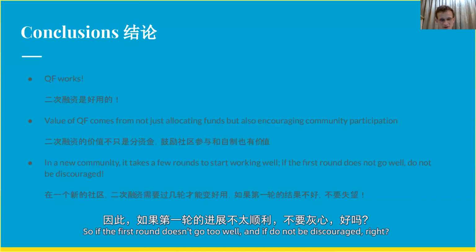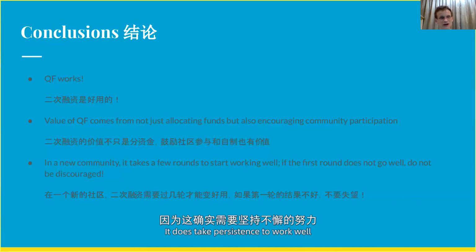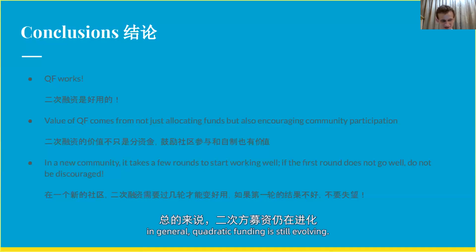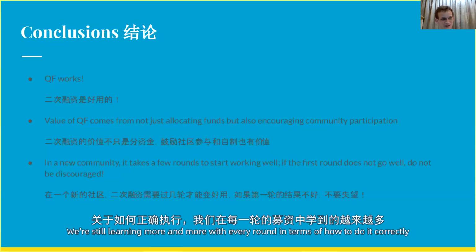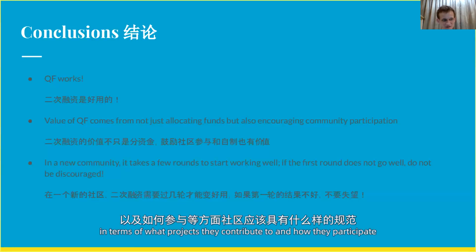So if the first round doesn't go too well, do not be discouraged. It does take persistence to work well, and in general, quadratic funding is still evolving, still improving. We're still learning more and more with every round in terms of how to do it correctly, and what kinds of norms the community should have in terms of what projects they contribute to and how they participate.